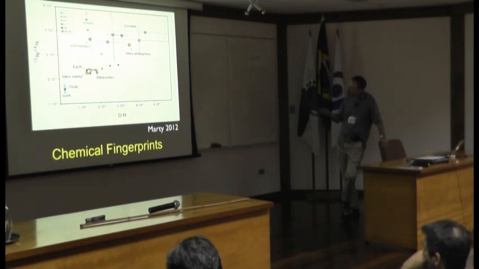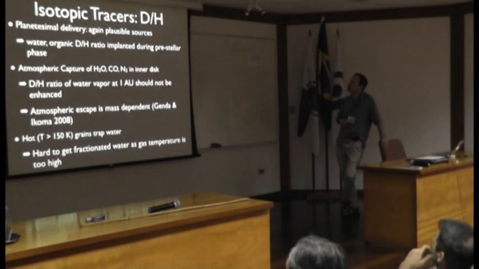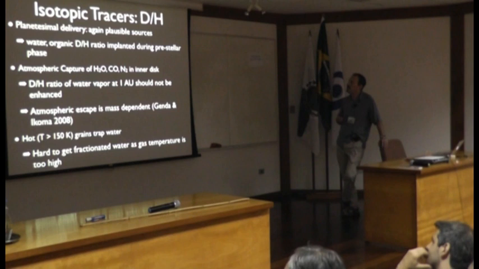The nitrogen isotopes are another way you might use as fingerprints. And the only one that's comparable in the nitrogen isotopes is the meteorites, because Hartley 2, which has the same D/H ratio, has a higher level of 15 to 14. So if we want to use this to tell us something about whether water came from planetesimal delivery, that's pretty clear.